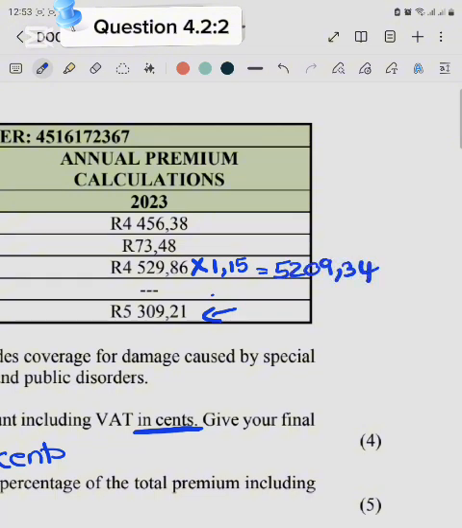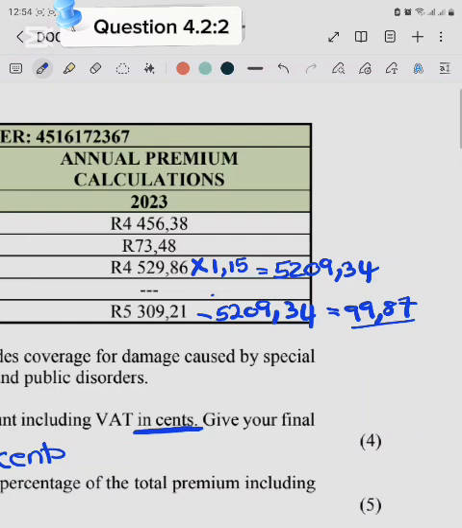It would actually be 334, but then we can round it to 2 decimal places. And then to find the difference between them, to work out what is our missing admin fee, I would just take this 5,309 and subtract the 5,209,34 and get to a total of 99,87. So that is my admin fee in rands.